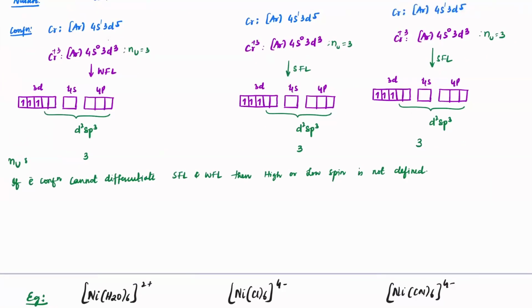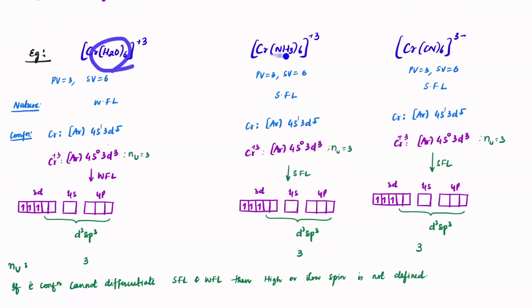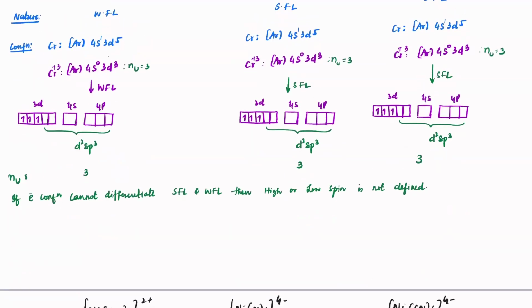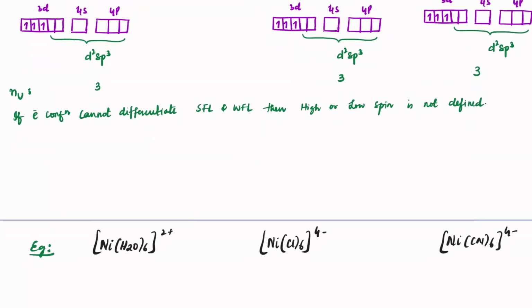See here, whether you take water, ammonia, or cyanide, it does not make any difference as long as it is a d3 electron configuration, right? Hence, we do not use the terminology high spin or low spin anymore. Instead, we definitely know that all three are using inner d orbitals. So it is an inner orbital octahedral complex.